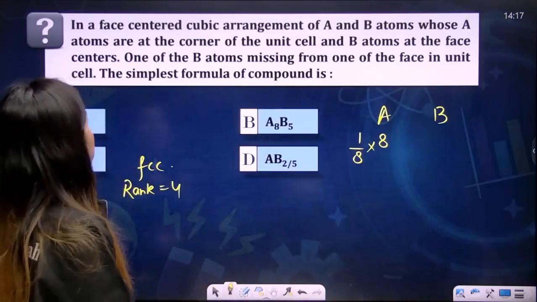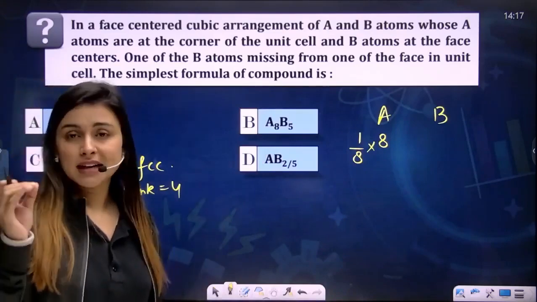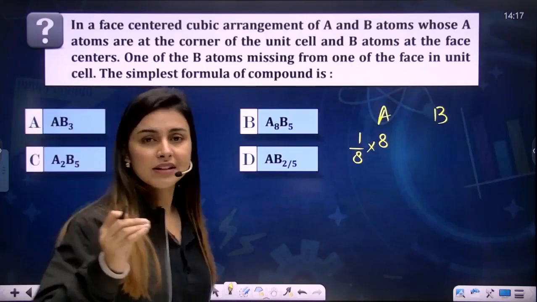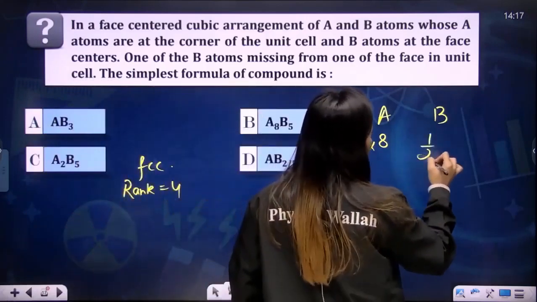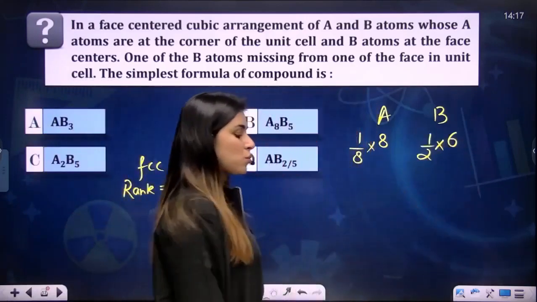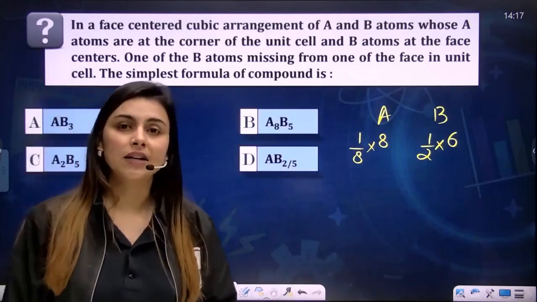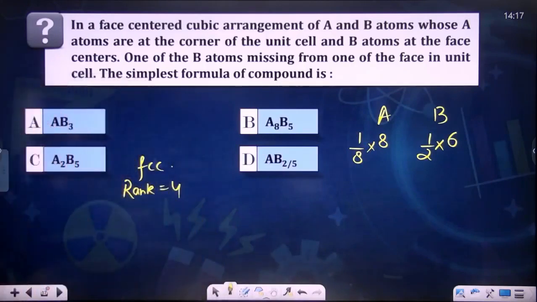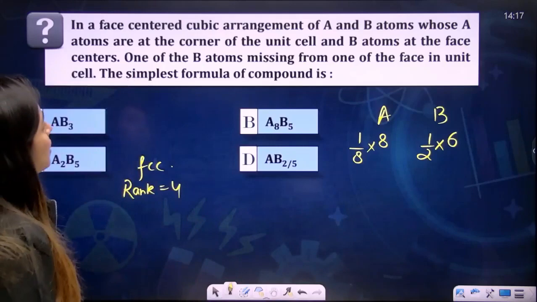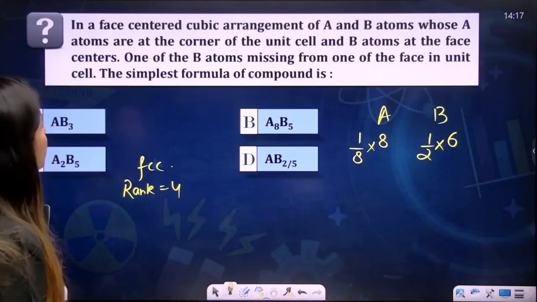And B atoms are present at the face centers. The contribution at a face is 1/2, and the total number of faces is 6. So 1/2 into 6 atoms of B have been used. Now, one of the B atoms is missing from one of the faces in the unit cell.